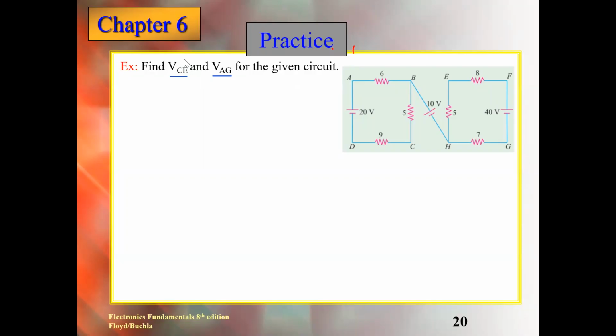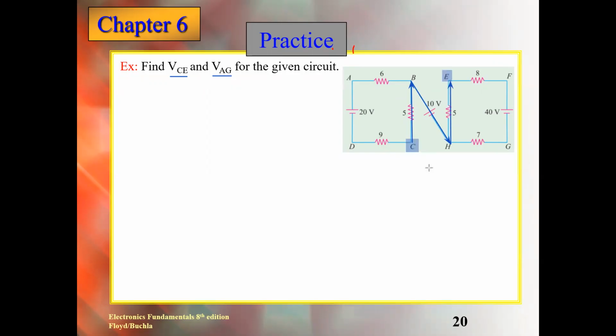The voltage between point C and E. Exactly, point C and E. From here we will go there, then from here to here. This is the path. So this is the voltage between C and E.